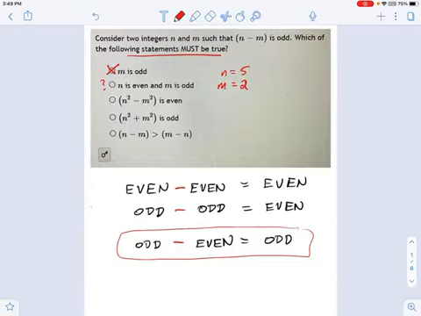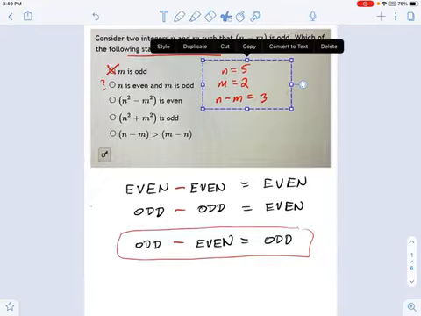And yet, if I do n minus m, look what I get. n minus m equals 3. So this statement is very sneaky in that, yes, that would produce an odd result, but it's not necessarily true that n is even, m is odd. It could be the other way around. It could be n odd, m even. That's the sort of thing you have to watch out for here.